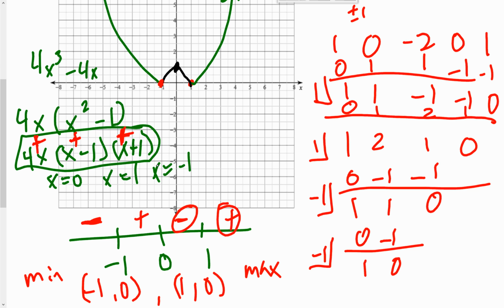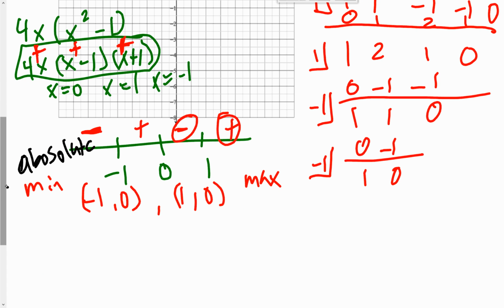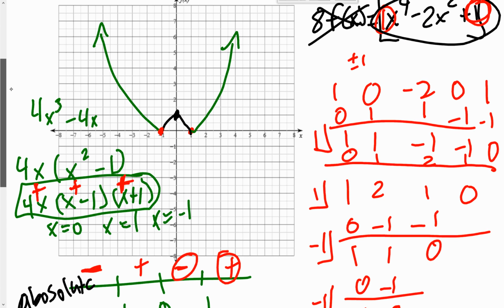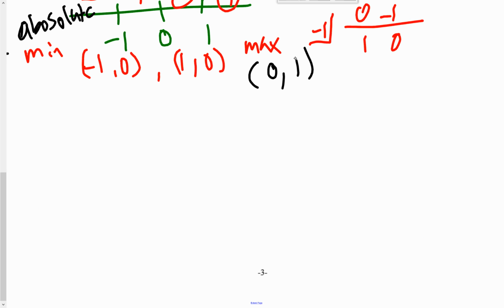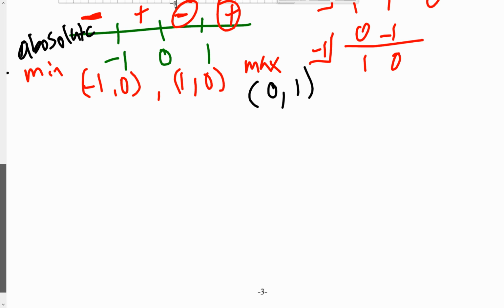And really, actually, these two minimums on the bottom are absolute because they are the lowest, because it's to the 4th. However you spell absolute, I don't know. So I don't know if you're going to get the best quality of video here, but you asked for it.